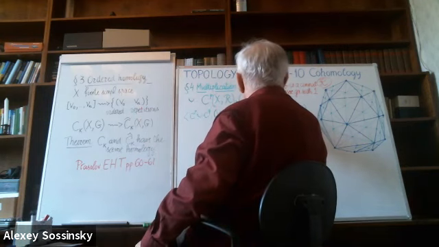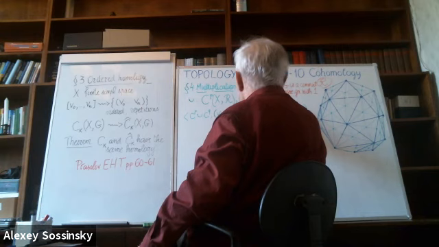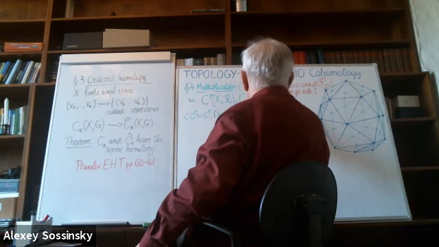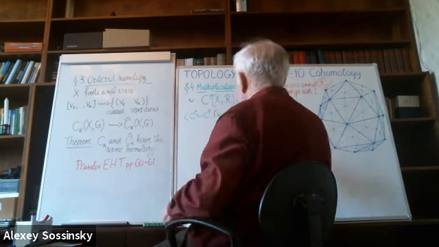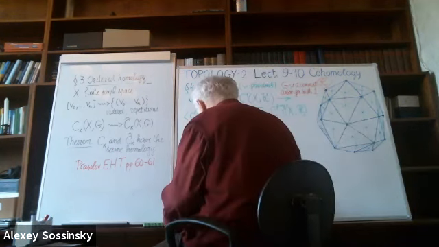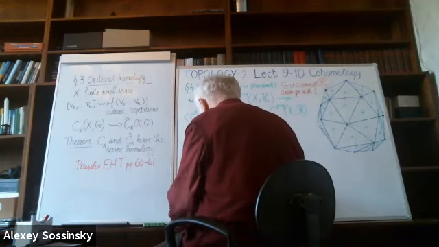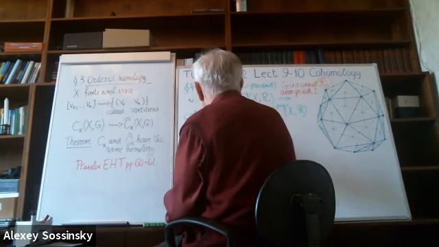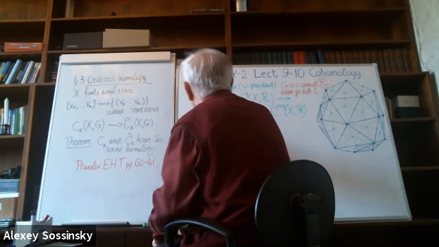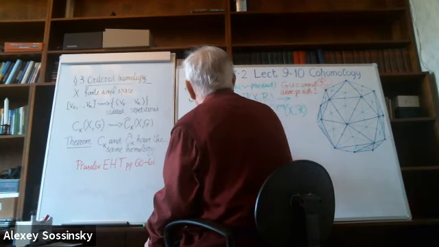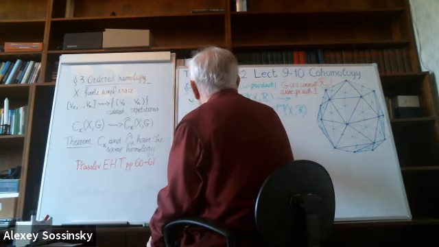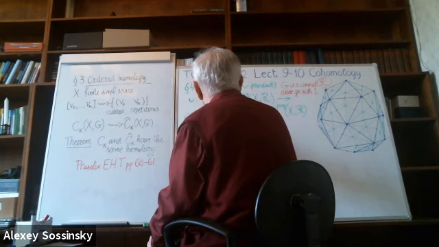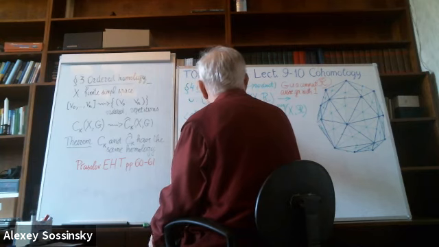So the value of this is, by definition, the only reasonable thing that we can write in this case. So we apply C^p to (V0, and so on, Vp).